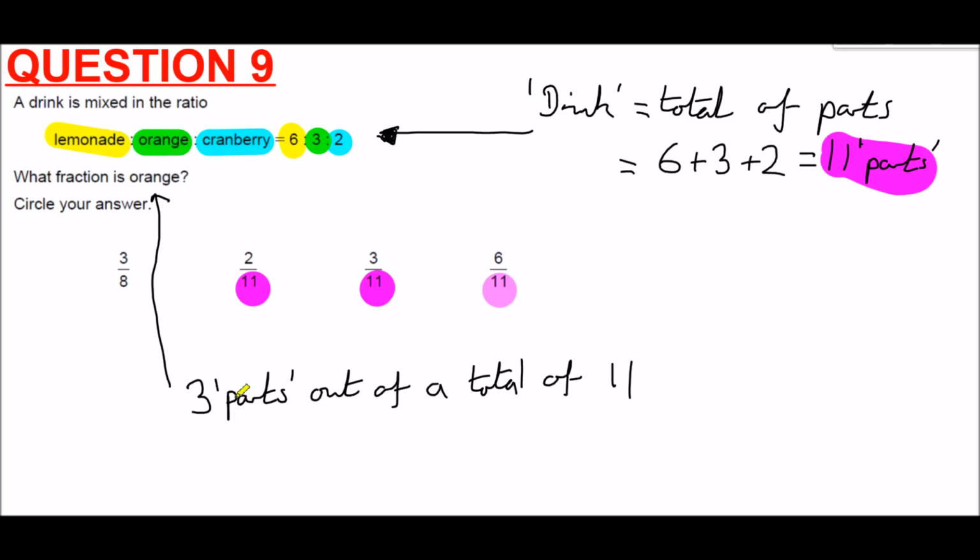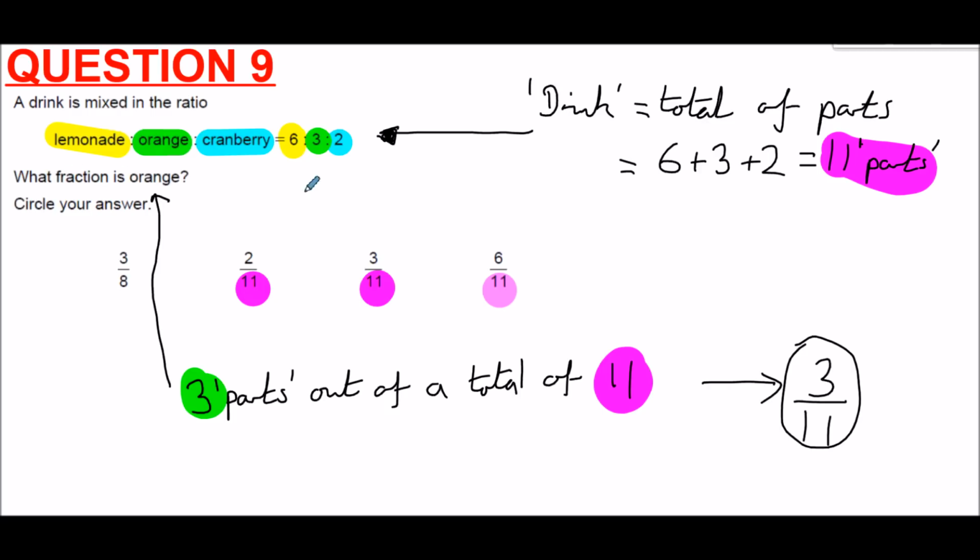Orange is the middle value, so 3. The total is 11. So the orange fraction is 3 out of 11, which we put into a fraction like this. And so the fraction we need to be circling is 3 out of 11.